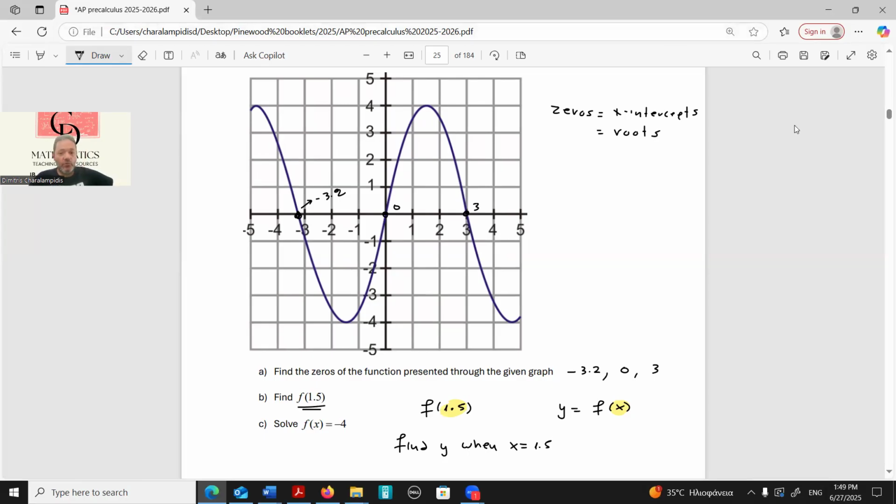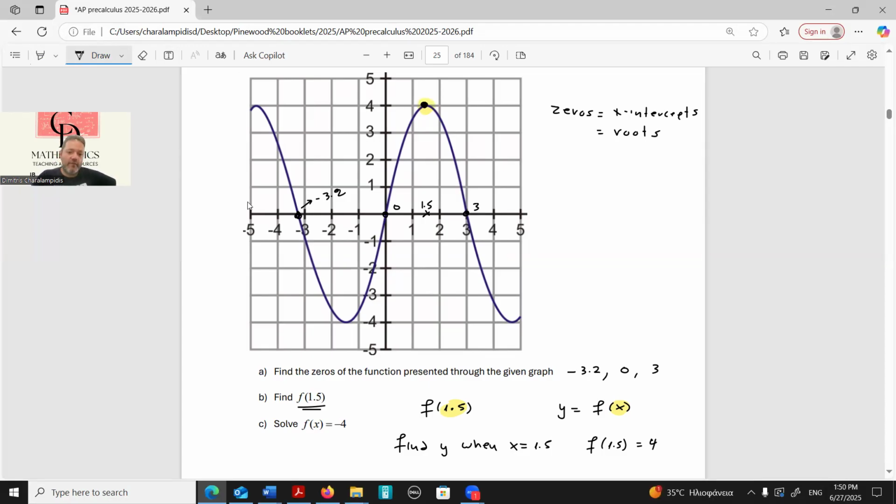All that we have to do is go and trace on that graph where exactly x is 1.5. This could be 1.5, so it should be here. From the graph, let me highlight it so that you can see it. From the graph, we can see that f of 1.5 is 4.